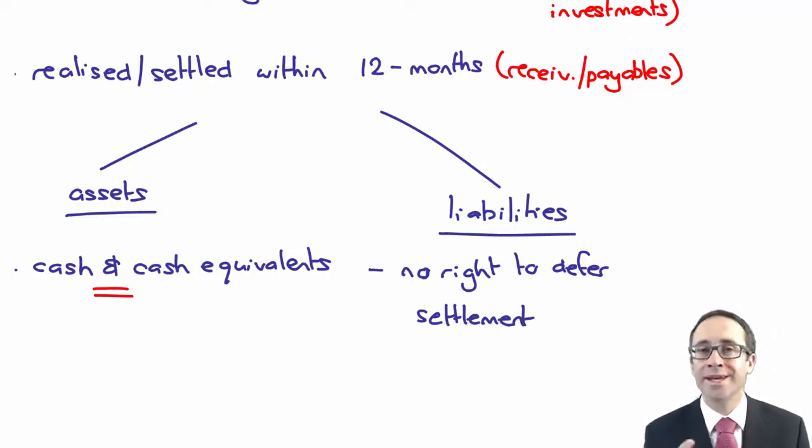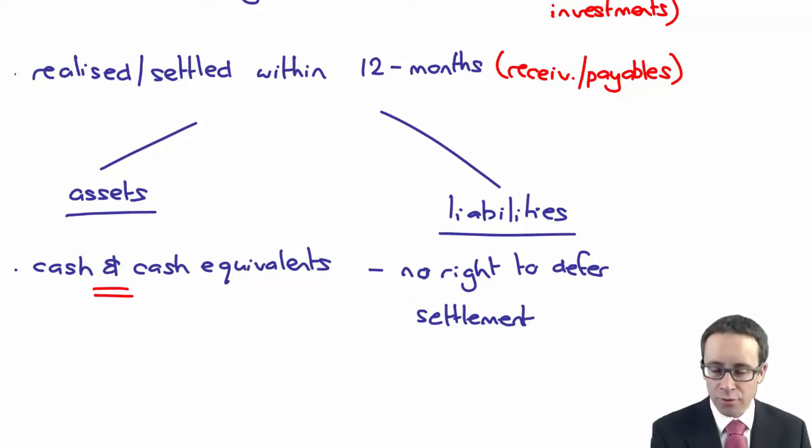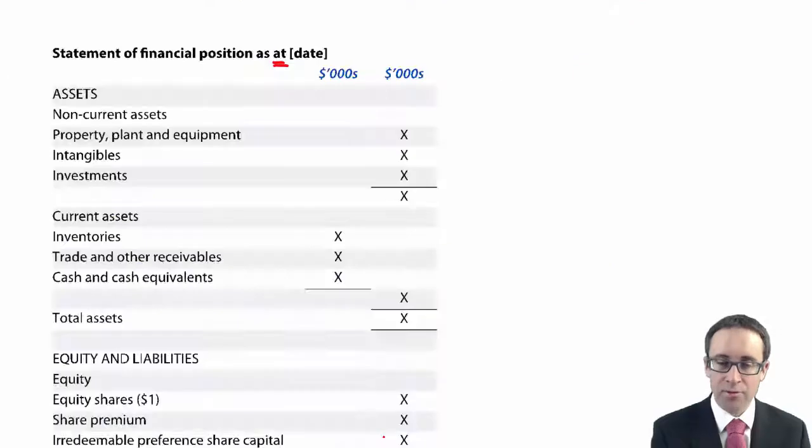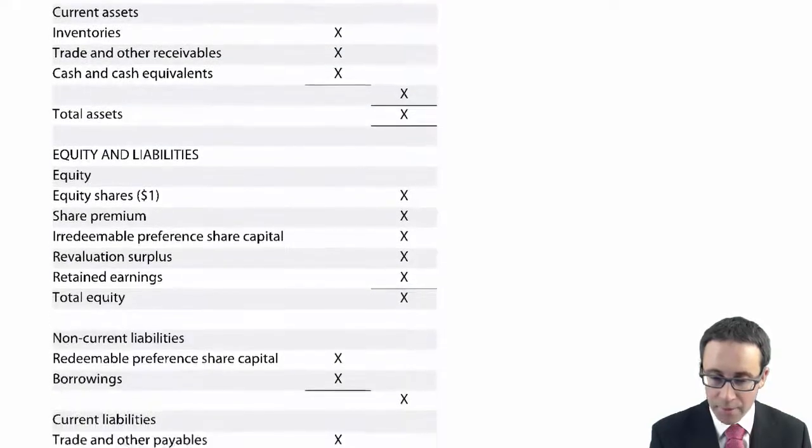Maybe there are particular types of liabilities whereby you have the option not to pay within 12 months, but to defer that payment until a later date. If that's the case, then it would be classified as non-current. But if you have no right to defer the settlement, then it has to be classified as current. So just little bits and pieces to focus upon with regards to current and non-current. Other than that, I don't think there's much more to go through.